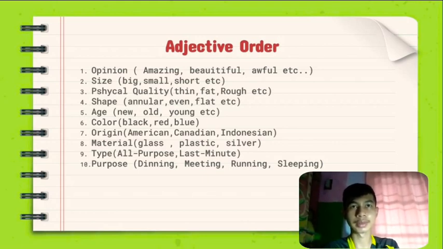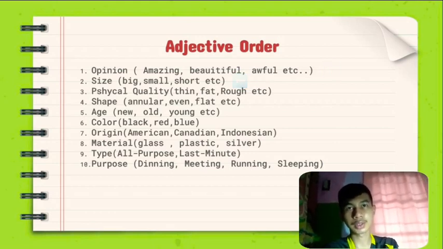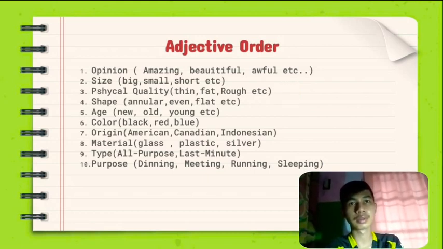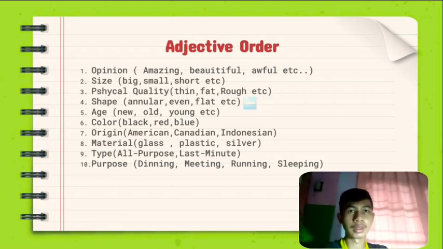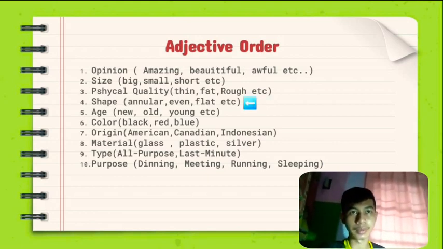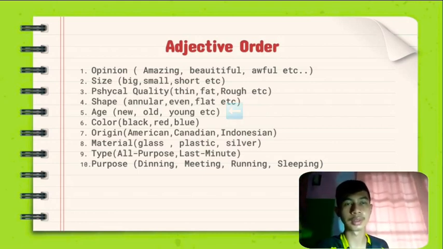Adjective order. For opinion, examples are amazing, beautiful, awful. Size: big, small, short. Physical quality: thin, fat, rock. Shape: annular, even, flat. Age: new, old, young.